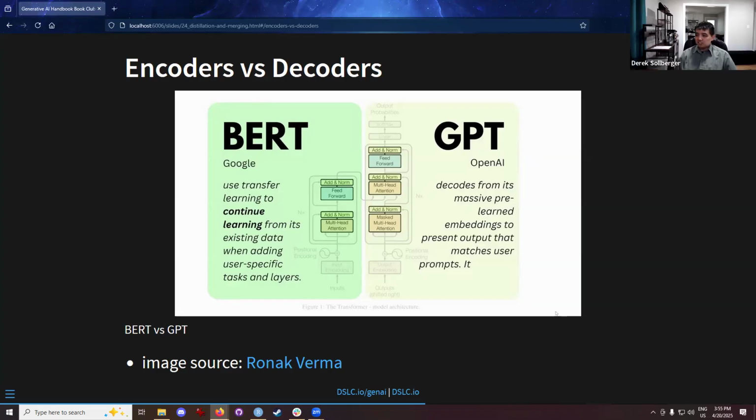Whereas the right-hand side, the decoder part of the transformer, became GPT, popularized by OpenAI, that will decode from its pre-trained embeddings to present output back in, say, English that will match what the user asked for.